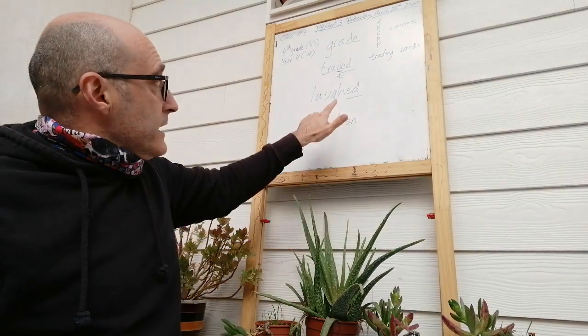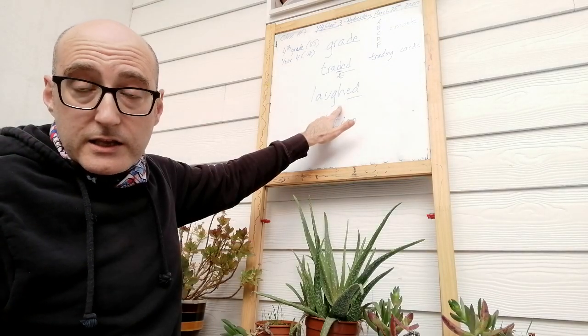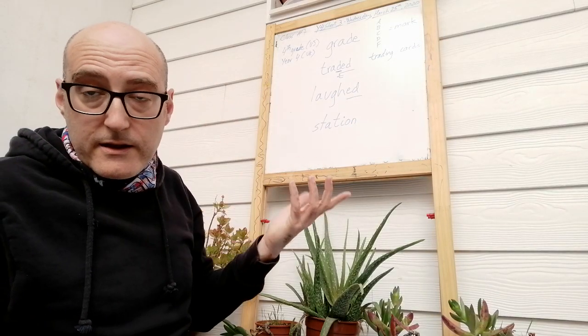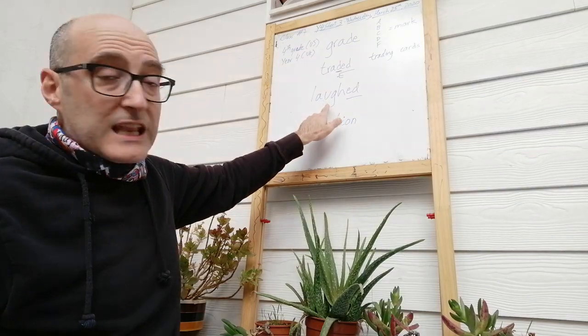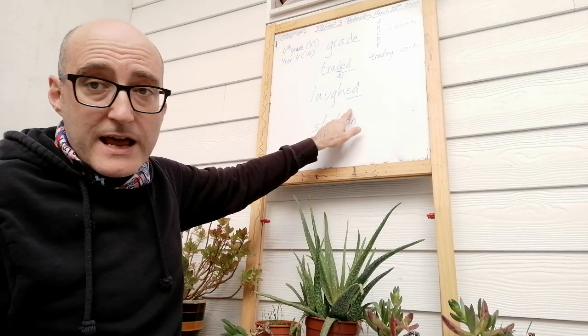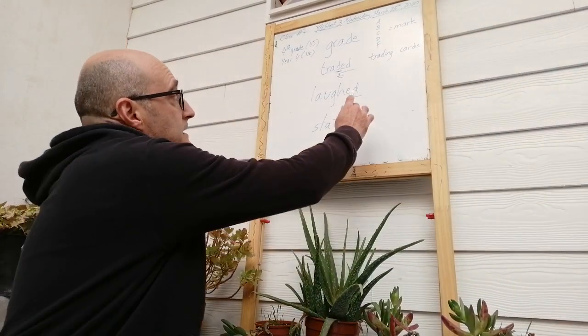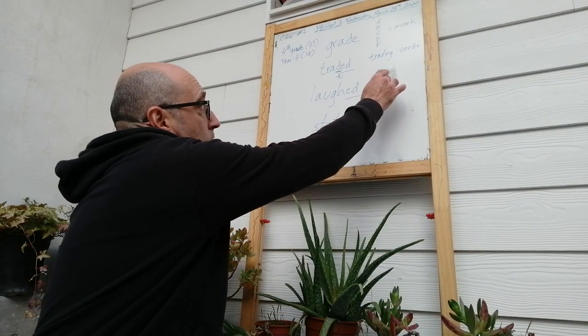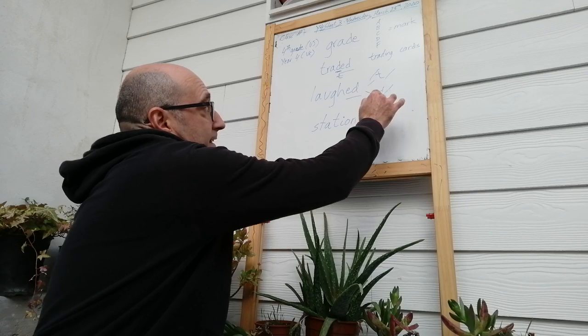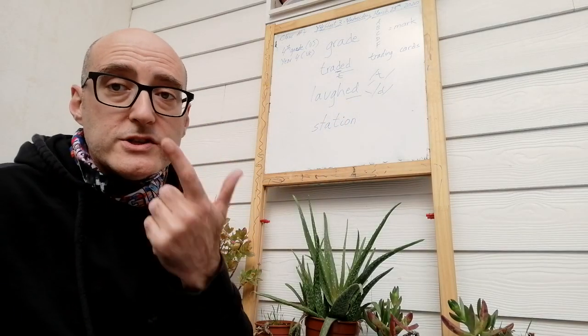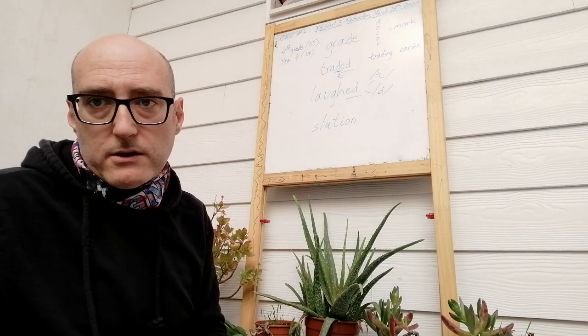Only then. And if we apply that to the next verb, laughed, okay, I'm never going to say laughed with another syllable. After the form of the verb in the present, I'm just going to pronounce a T or a D, okay?